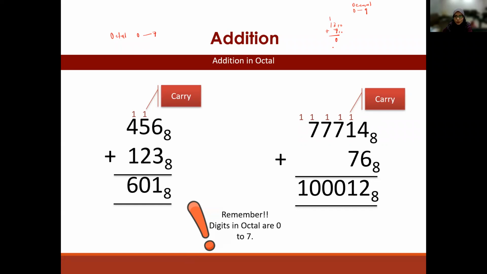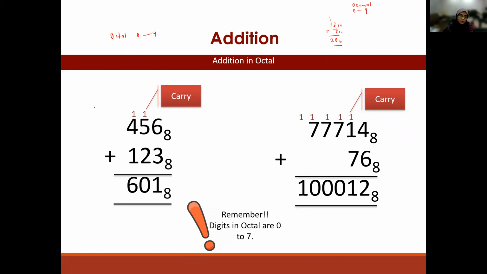So 1 plus 1 equal to 2. This is how you do it for decimal numbers, and the same goes for octal and hexadecimal. For octal numbers, if it exceeds 7, it will go to carry.